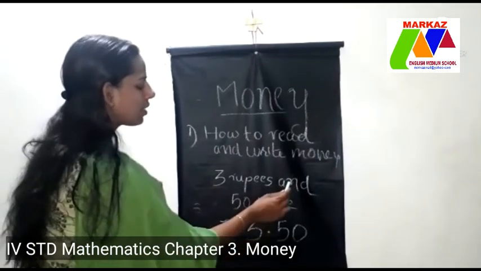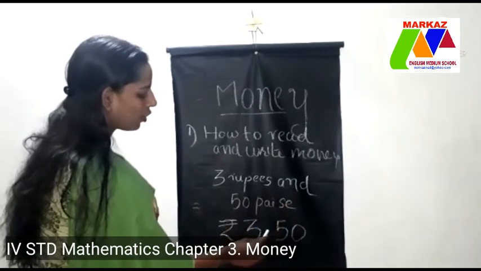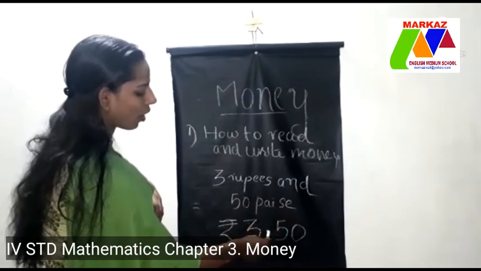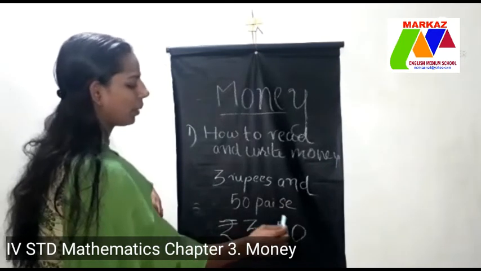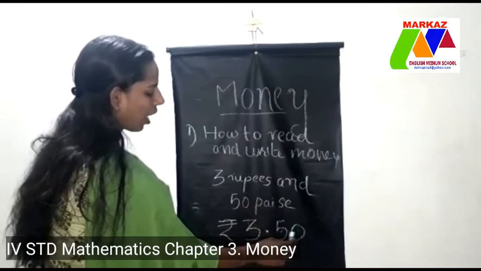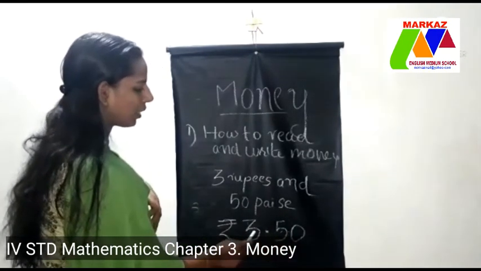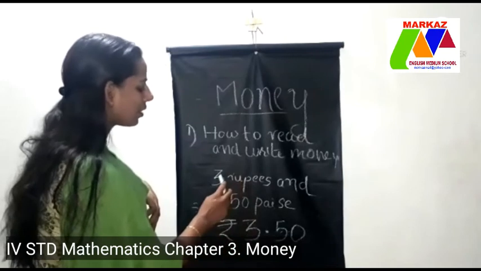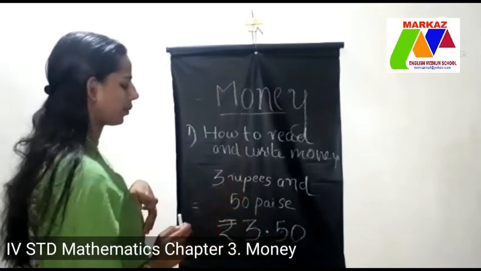Then instead of the word and, we have to add a dot. This dot is the decimal point which divides the rupees from the paise. Then here the paise. Understood? So this is how it should be written in figures, and this is how it should be written in words.